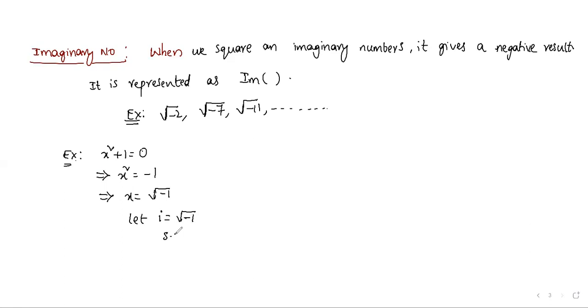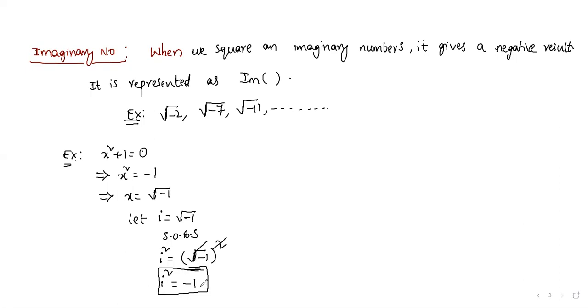Squaring on both sides, we get i square is equal to square root of -1 whole square, that is i square is equal to -1. So this result is very important. The value i square is equal to -1 in the given problems. It's very important.